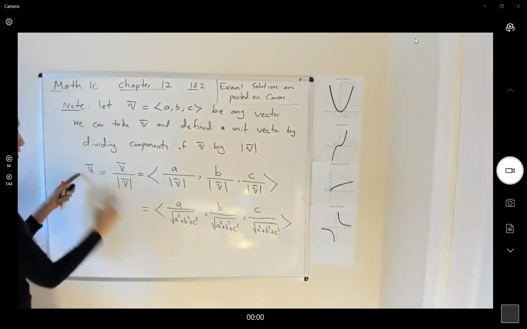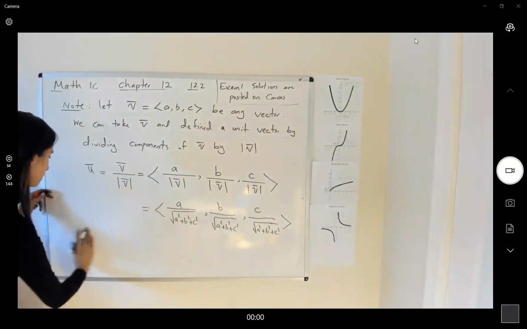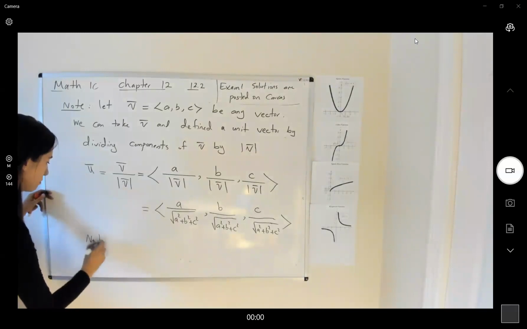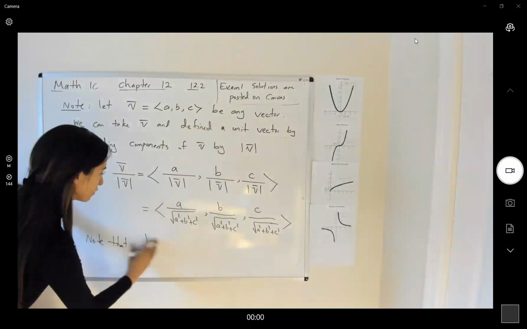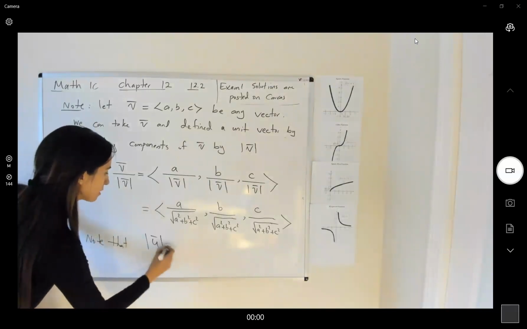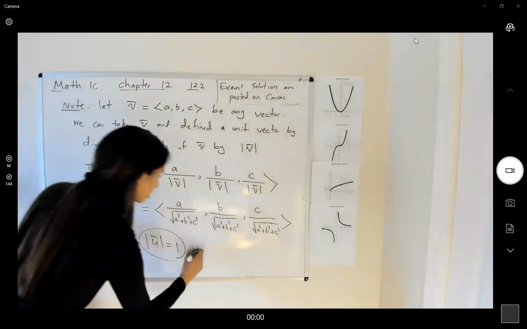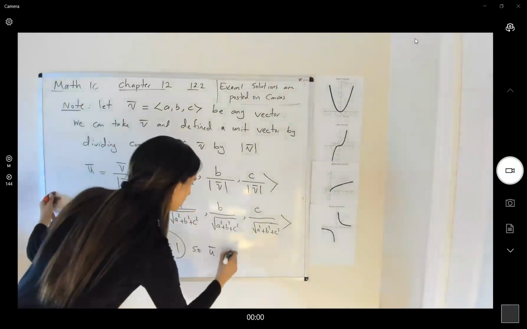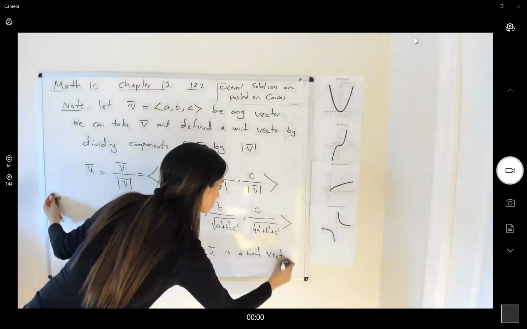This vector is a unit vector. Know that. The magnitude of this new vector is equal to 1, so you have a unit vector. So U is a unit vector.